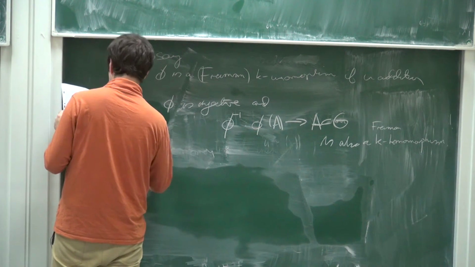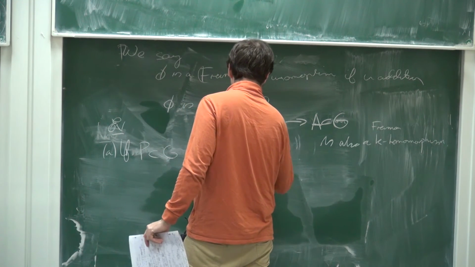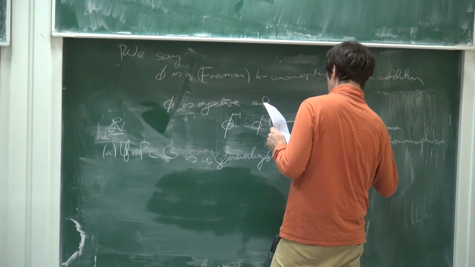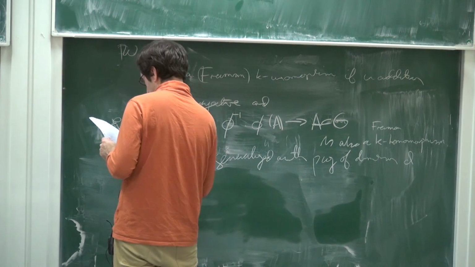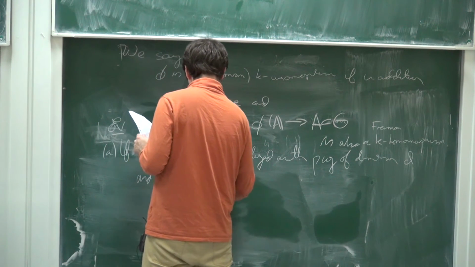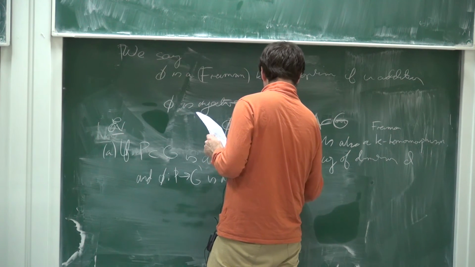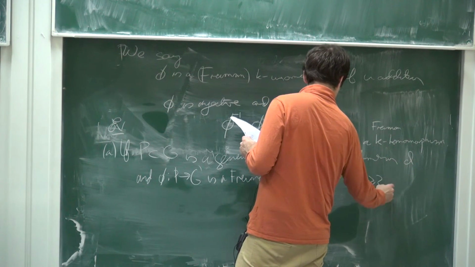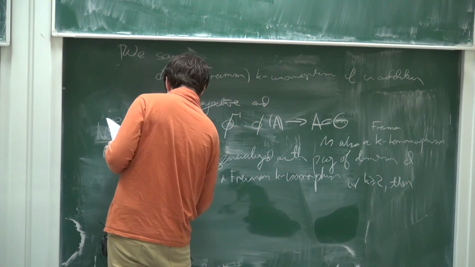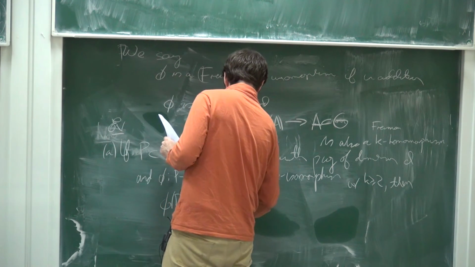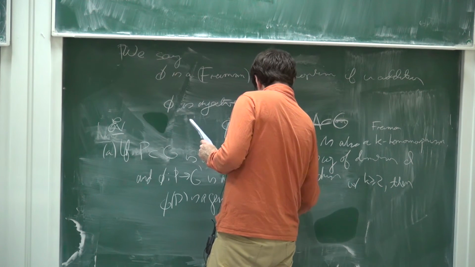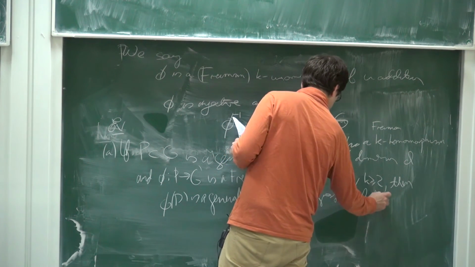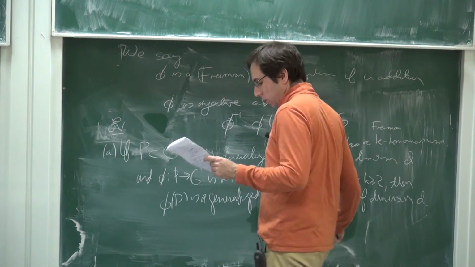two exercises. If P is a generalized arithmetic progression of dimension d, and phi is a Freiman k-isomorphism, then phi of P is a generalized arithmetic progression of dimension d.